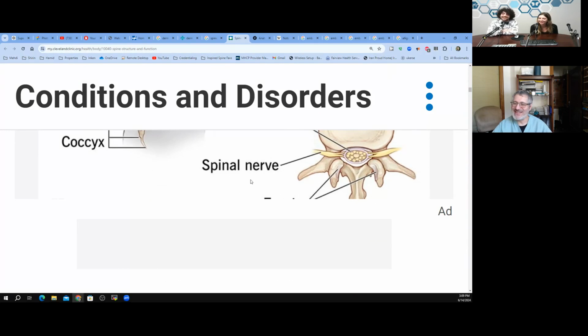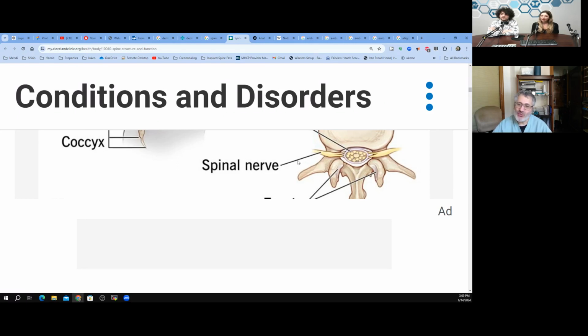Now, the nerve takes off, passes in the lumbar spine one segment below, and then comes out.